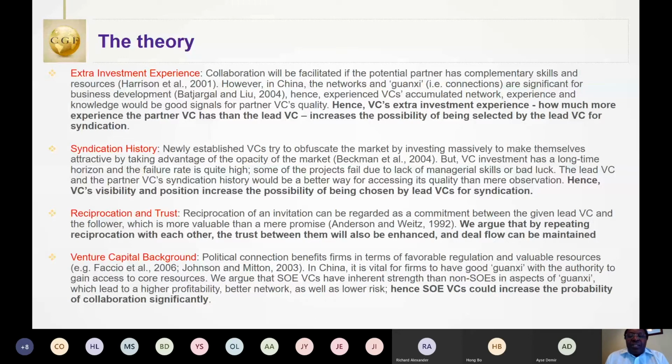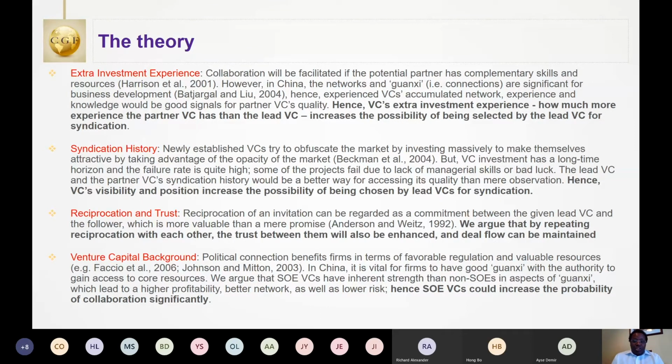And hence, we can say that the VC's extra investment experience, and this is a technical discussion, we're just going to explain this, actually refers to how much more experience the partner VC has than the lead VC. So the partner has more experience than the lead VC, and that's the VC extra investment experience.